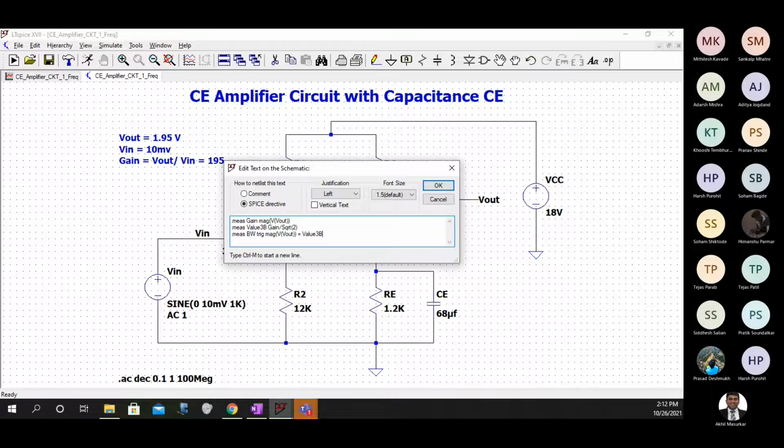Okay, so we write the values to trigger the bandwidth measurement at 3 dB values.